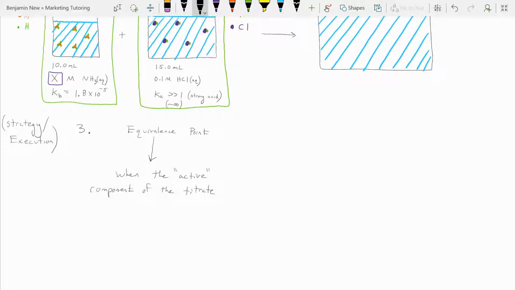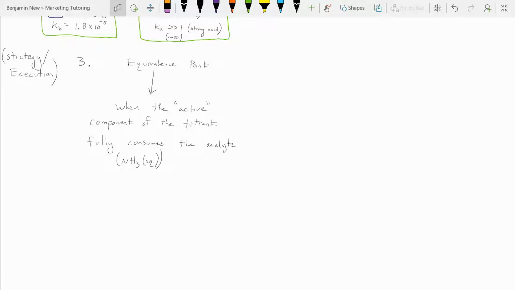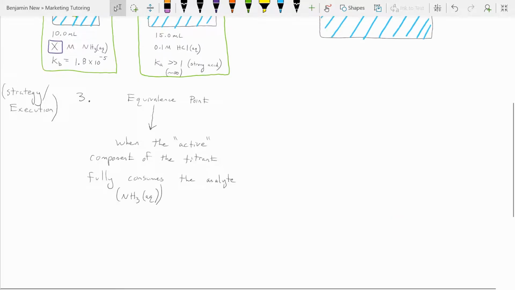When the active component of the titrant, not the titrate, titrant, fully consumes the analyte. And in this case, the analyte is ammonia aqueous. Okay, in that solution.